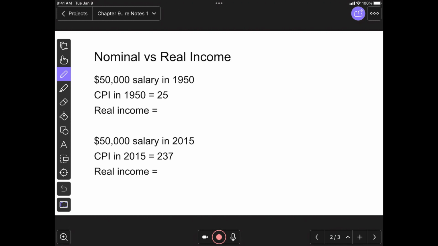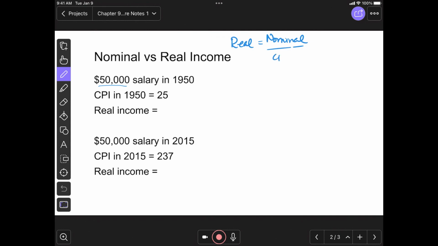All right, now let's practice calculating real income using nominal income and the CPI. So let's start with this. $50,000 salary in 1950. In 1950, the CPI was 25. So remember, we're going to calculate real income, and this is just how we did it with GDP as well.